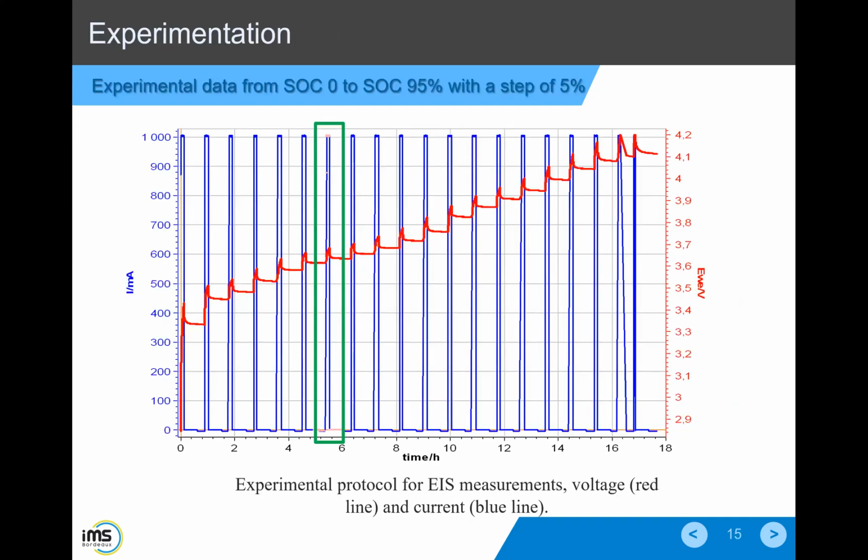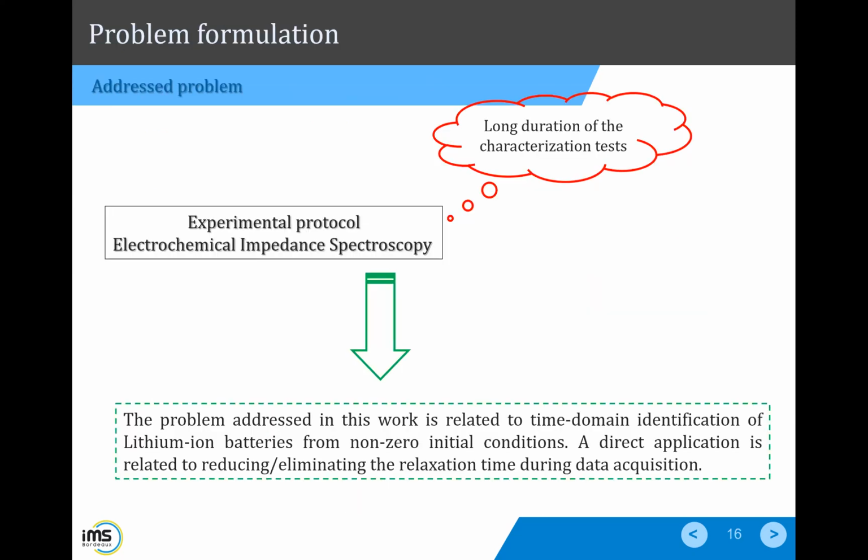But the problem here is the duration of the experimentation, which was around 18 hours. So it's a long duration. So we thought about ideas to reduce or eliminate the relaxation time during the data acquisition, and we decided to use a technique based on time domain identification.